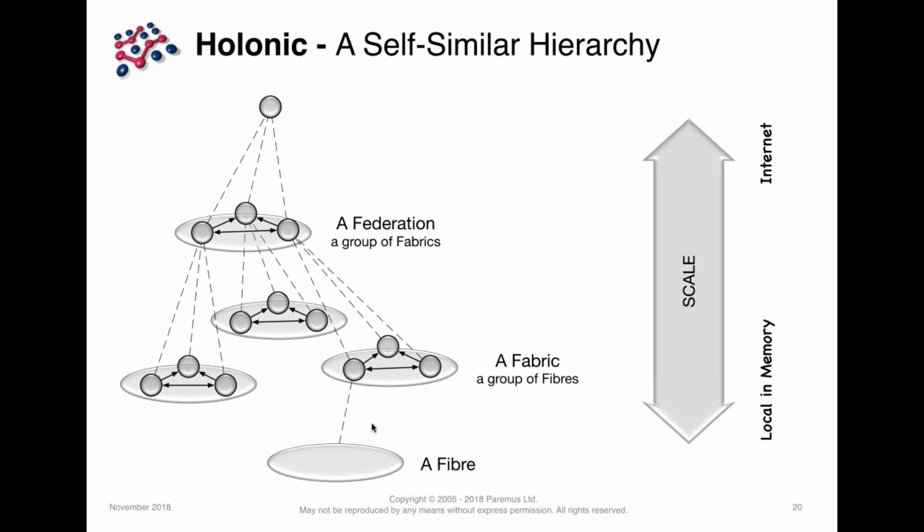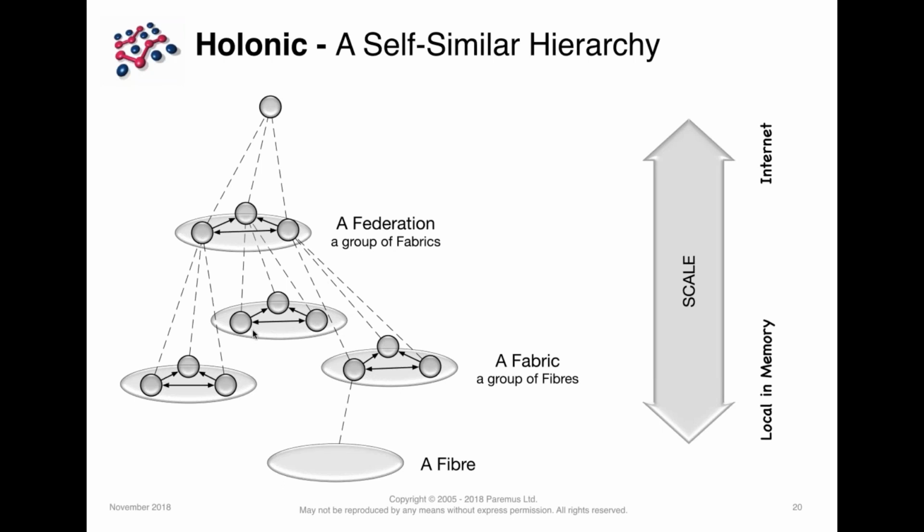And the reason for doing this is it's the way that natural systems tend to be built. And so what we've been demonstrating from a fabric perspective is we have fibers, and fibers have internal structures that relate to their OSGi, and fibers connect as proxies controlling local Docker containers. We demonstrated all of that. We group fibers into fabrics. So a fabric is a collection of fibers working together.